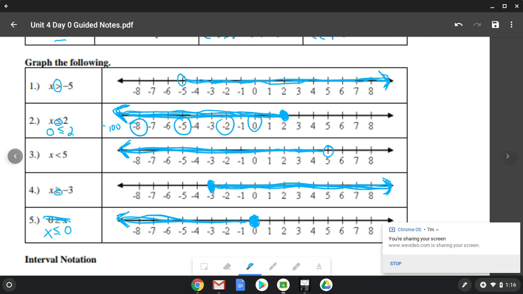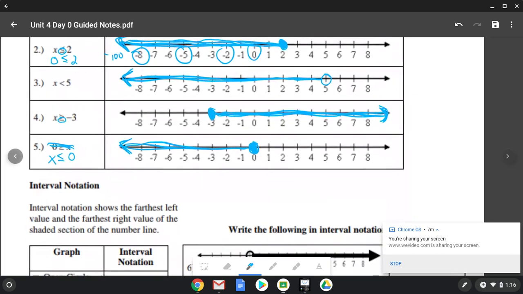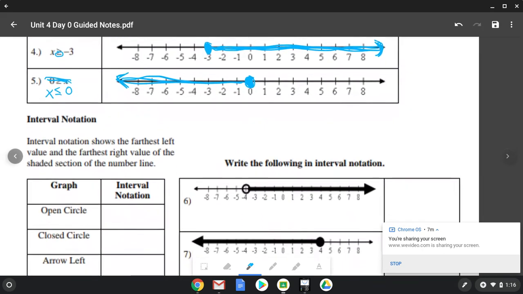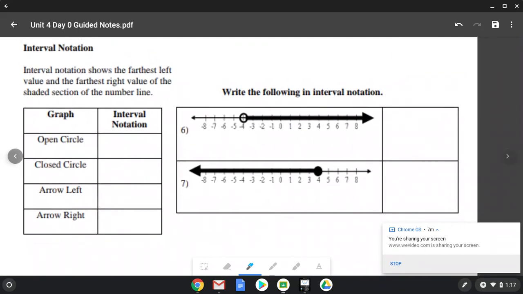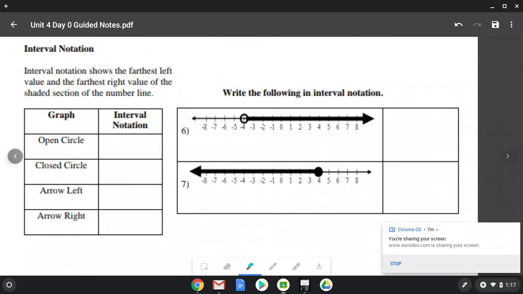Now, open and closed circles is something that you guys have possibly seen in the past. The thing that our book is going to ask you to do is what's called interval notation when we're dealing with writing our final answer. So our interval notation will have a starting point, and we'll have what's called infinity signs.